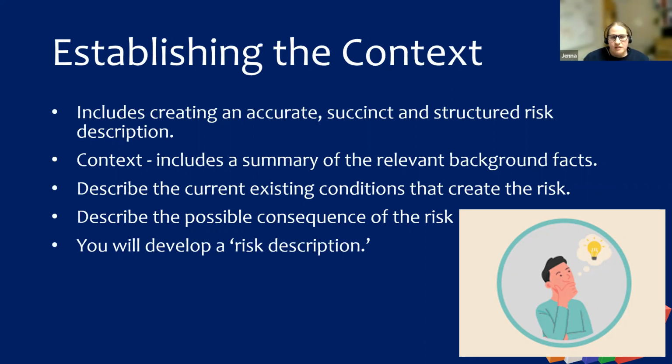You need to make sure it includes a summary of the relevant background facts, describes the current existing conditions that create that risk, and states the consequence of the risk. And that's how you develop a risk description.